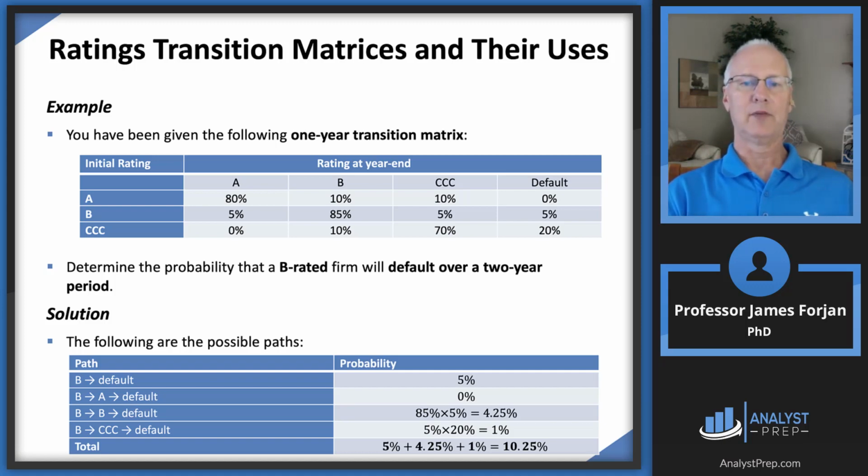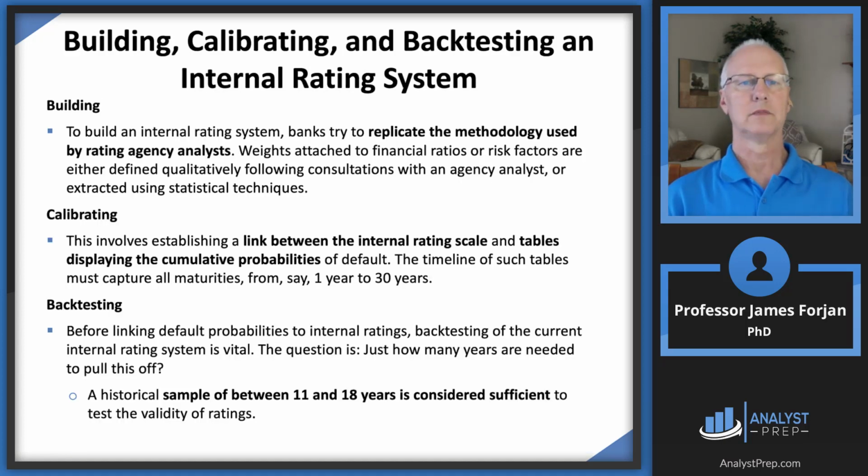But then if we go from B and stay at B, and then go to a default, that's going to be 5% times the 85%. And then if we go from B down to CCC and then to default, that's going to be the 5% times the 20%. So you just sum those. You get the 5, the 4 1/4, and the 1. And so what were we trying to do? The probability that a B-rated bond or firm will default over the next 2 years is 10 1/4%.